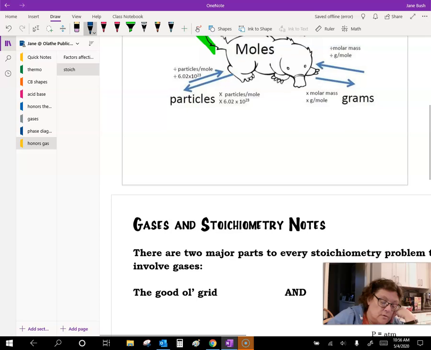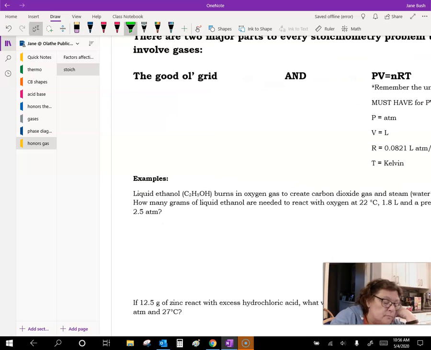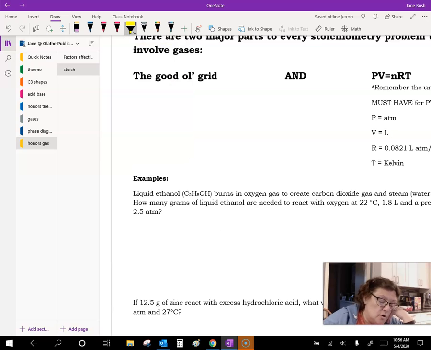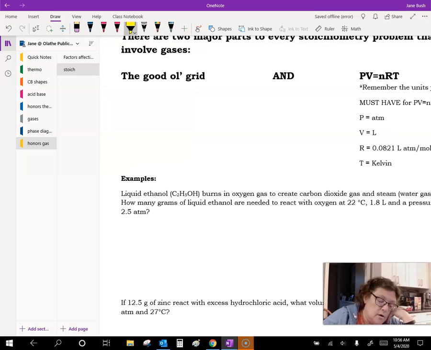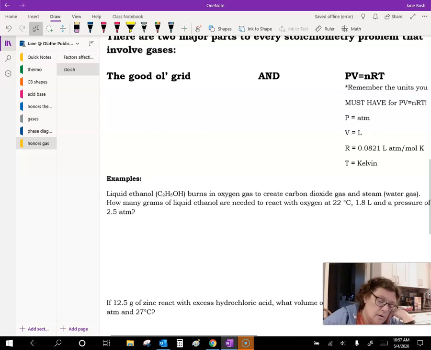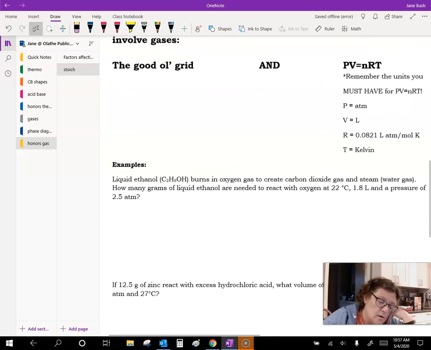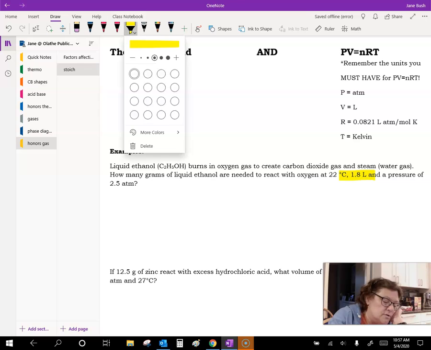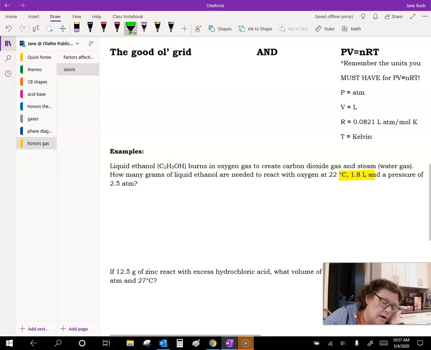Okay? So, what's our unknown here? Or known, I'm sorry. We know that oxygen is at 1.8 liters. And we want to solve for liquid ethanol volume. Or we want to solve grams. Okay?